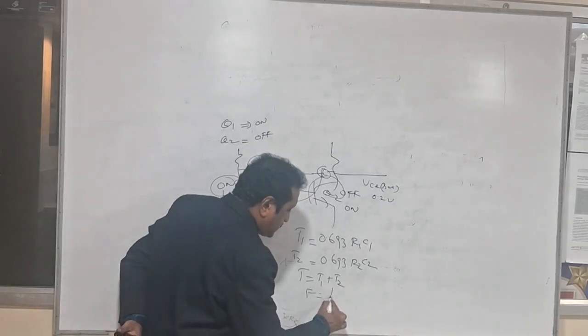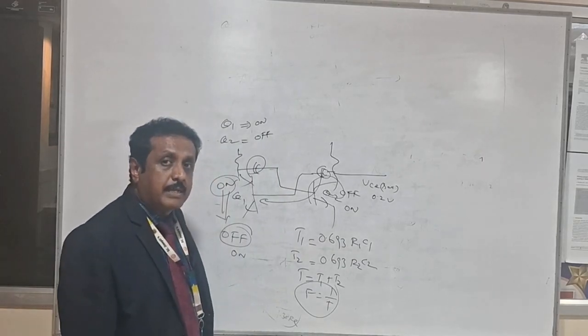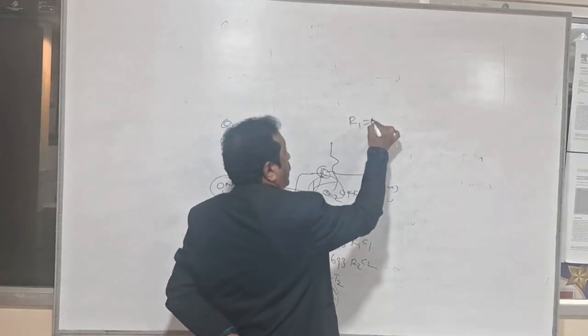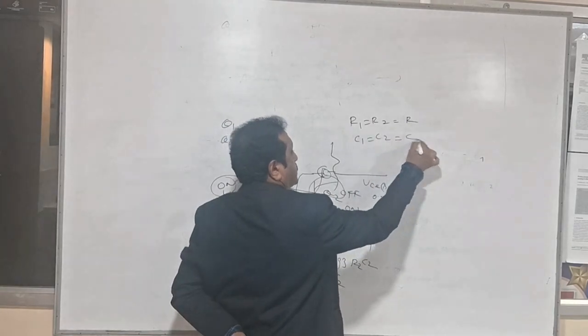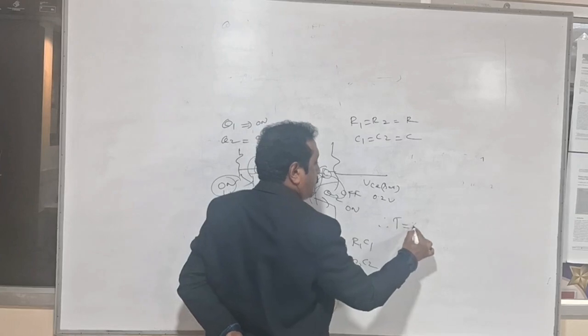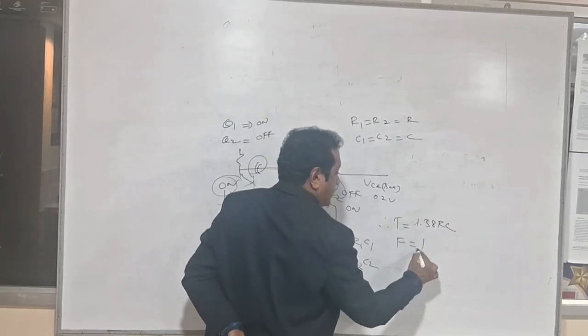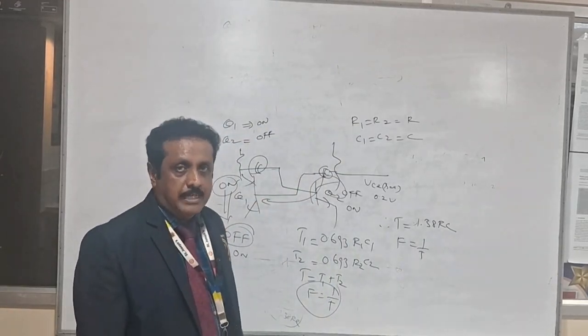Then the frequency of oscillation is 1 by T. If the circuit is assumed to be symmetrical, R1, R2 equal to R, C1, C2 equal to C. Therefore, T equals 1.38 RC, and the frequency of oscillation is 1 by T. That is the working of the astable multivibrator.